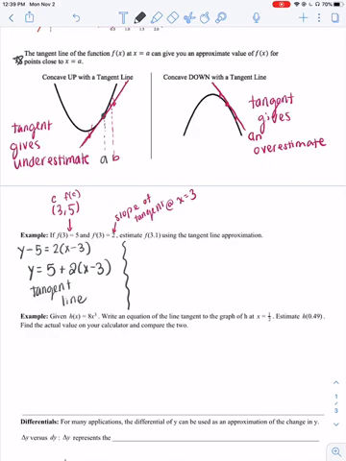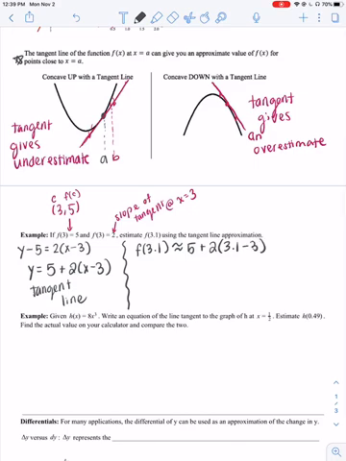When we go to find f of 3.1, we are going to use the tangent line, and it is an approximation. So f of 3.1 is not equal to, it is approximately equal to the following. You're just going to use the tangent line, and instead of x, you substitute in the 3.1 because that's the x value. So this would be 5 plus 2 times (3.1 minus 3).